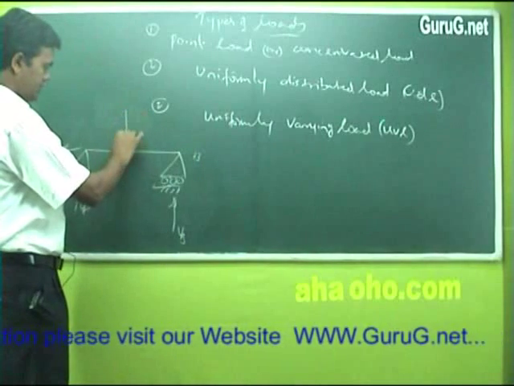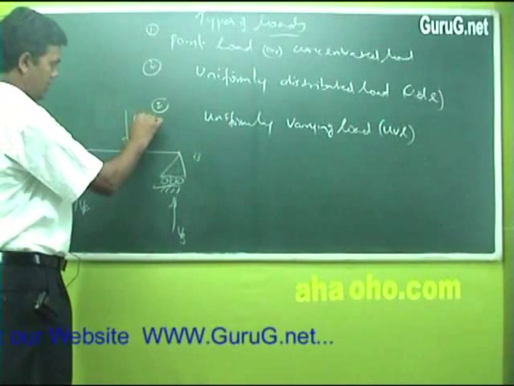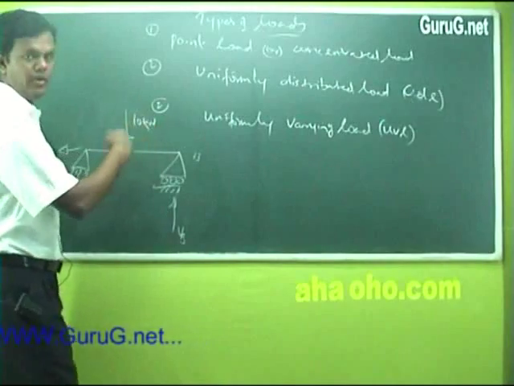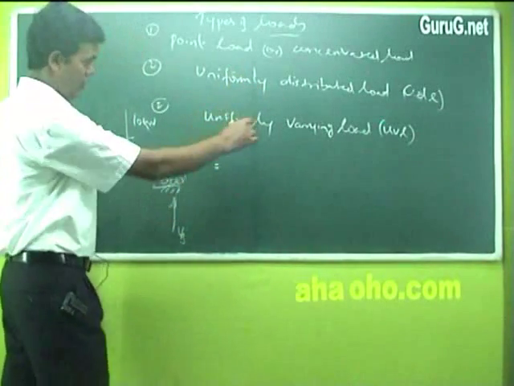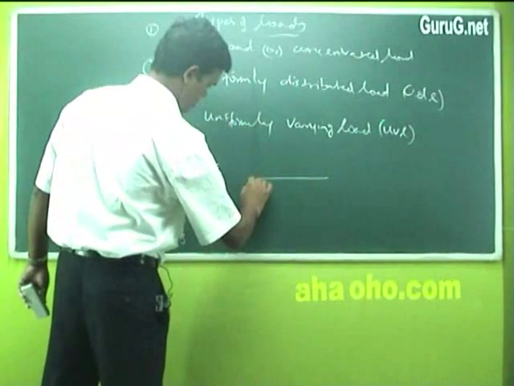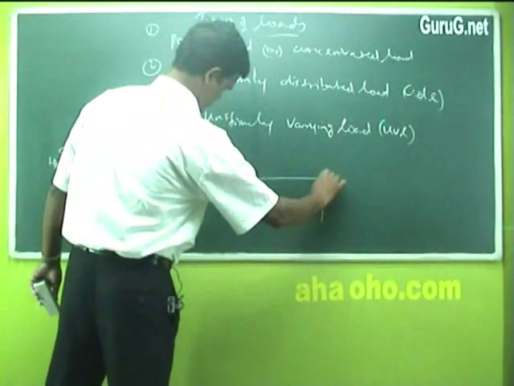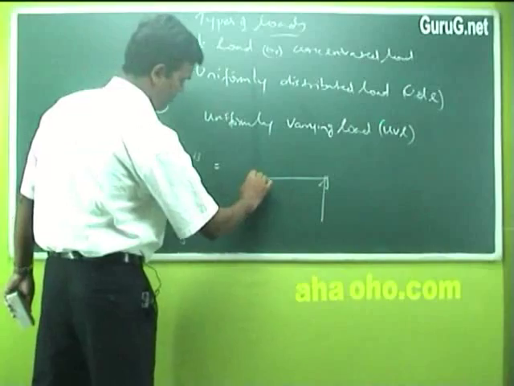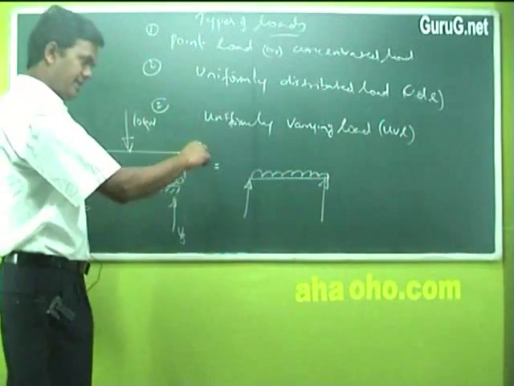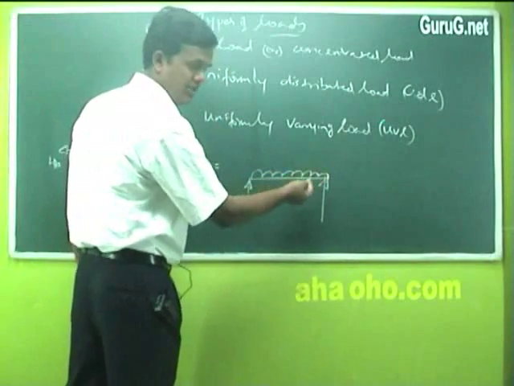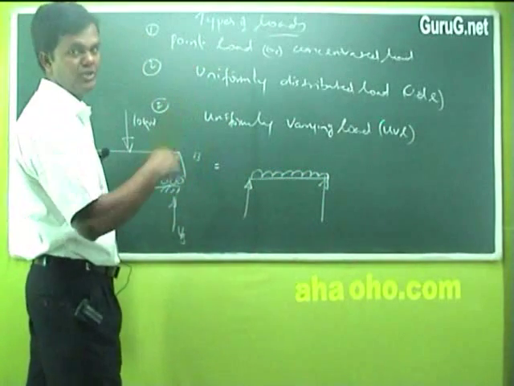Now suppose the same 10 kilonewton is acting. If I want to show this in terms of uniformly distributed load, I can draw a sketch separately and show. Okay, 2 reactions here. I'll show it in this fashion. This marking, this fashion shows this is a uniformly distributed load.